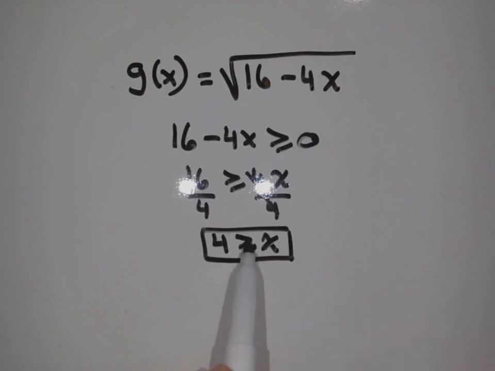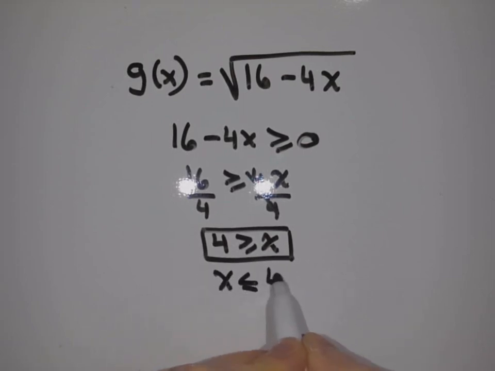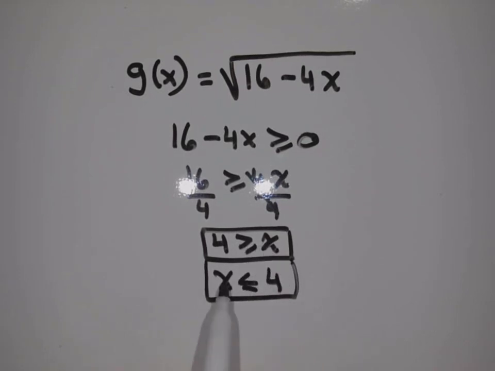Sorry, I said 4 greater than or equal to x. That means that my x numbers would have to be less than or equal to 4. I hope you made that connection there, because I'm reading that backwards. My variable is on the right here. And if you want to read it the other way, you just switch that writing around, and it's the same thing. Your small side is still toward your x, just like it was there. So x has to be less than or equal to 4.